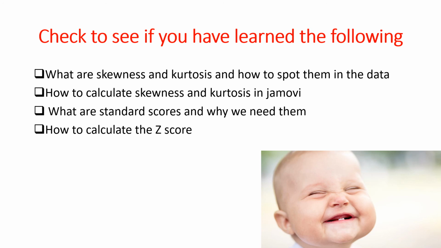I expect you to know what a standard score is and why we need standard scores. And finally, I expect you to know how to calculate the Z-score and how to interpret the Z-score depending on your context or research questions.